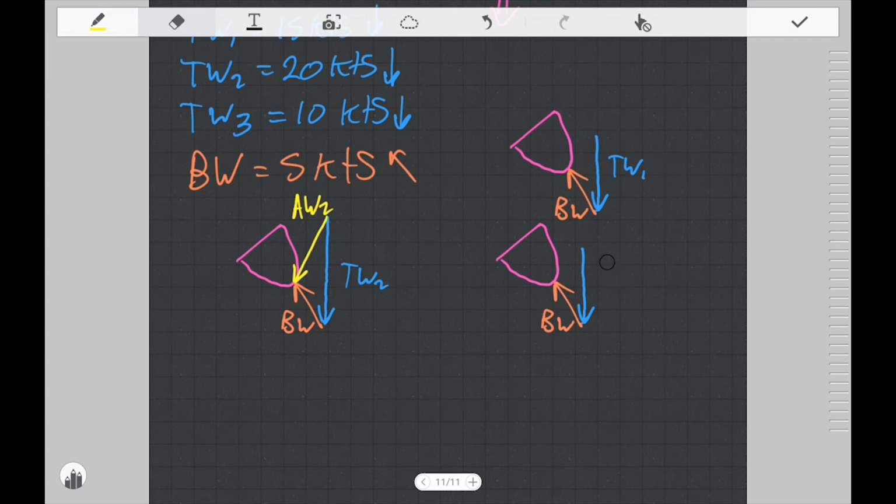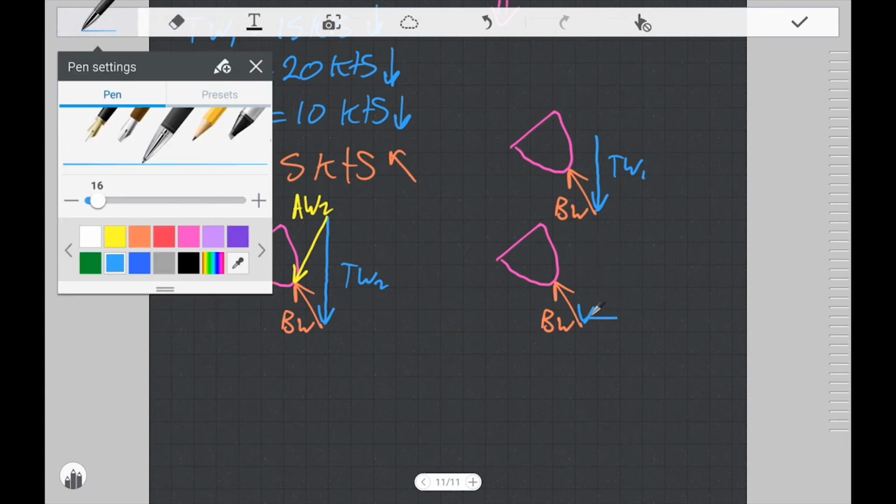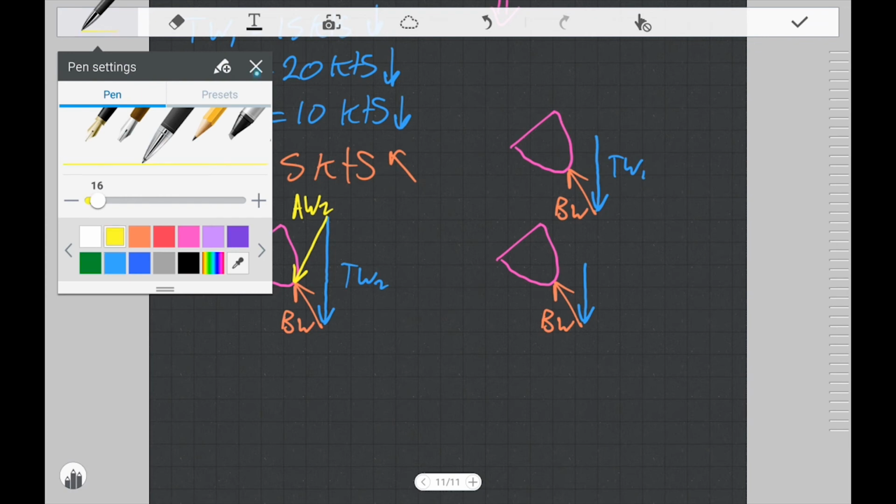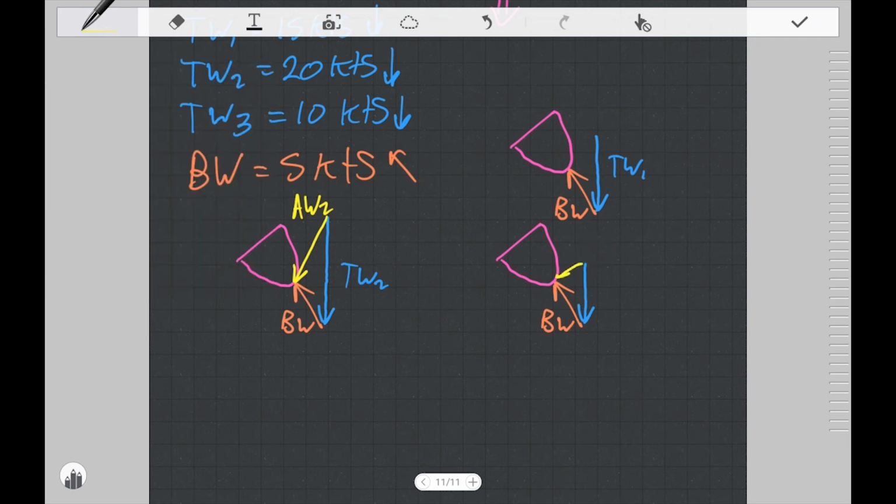Now our third true wind is actually shorter. So I'm going to draw it as 10. 1, 2 is 10. And there's apparent wind 3. And of course here is apparent wind 2.